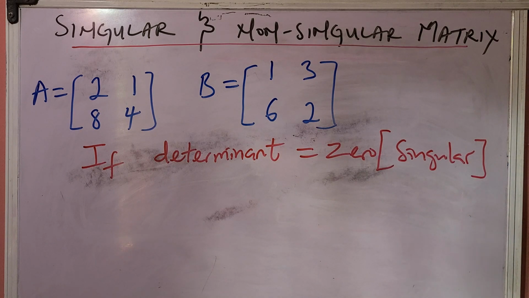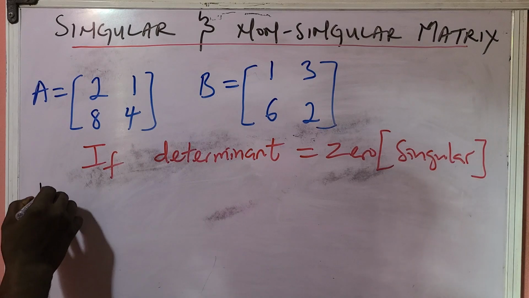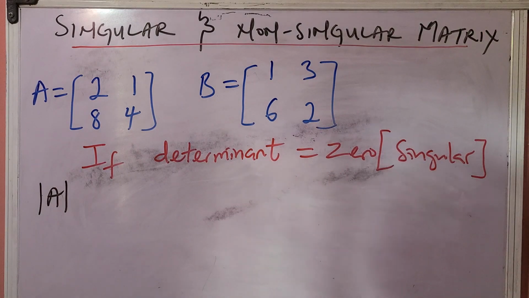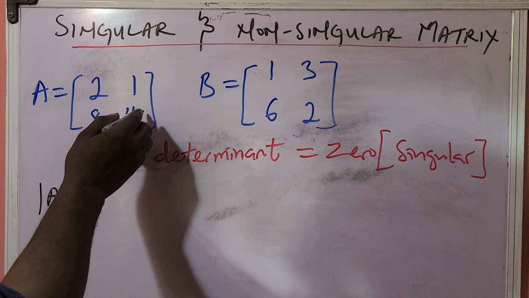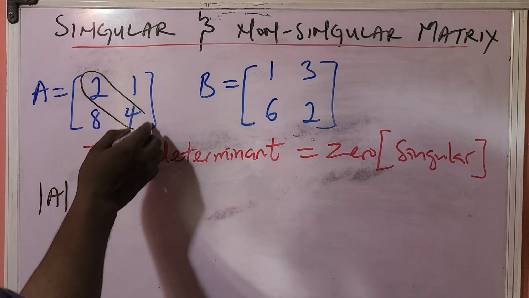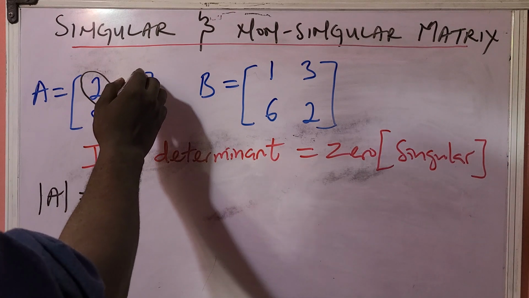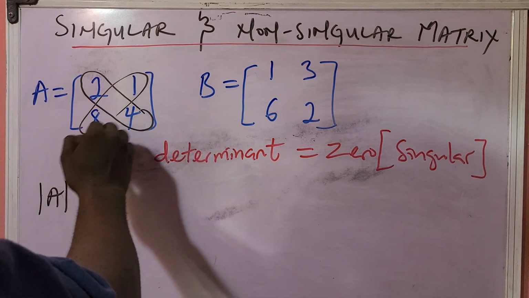So let's try and investigate matrix A and matrix B. In matrix A, let's find the determinant of matrix A. The determinant will be the multiplication of the leading diagonal minus the multiplication of the other diagonal.